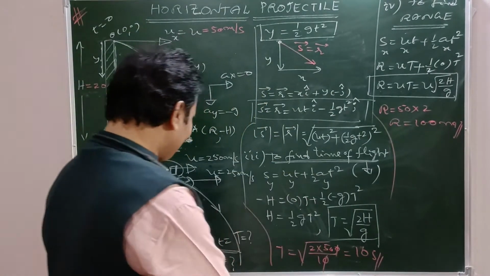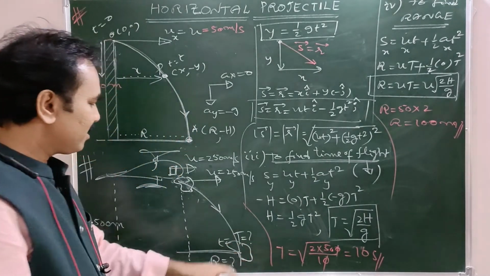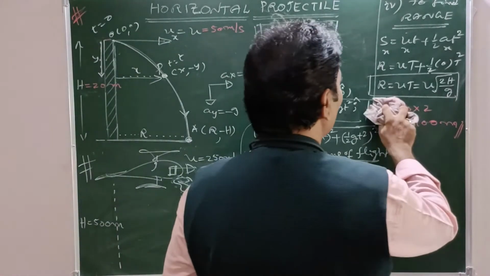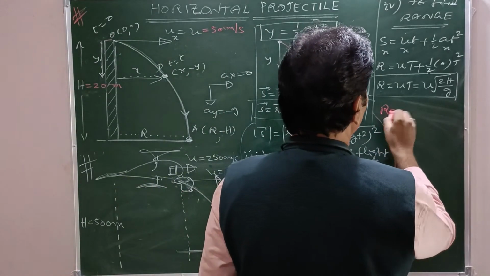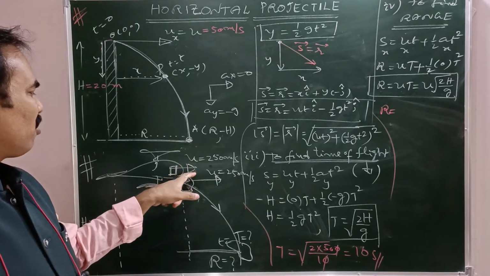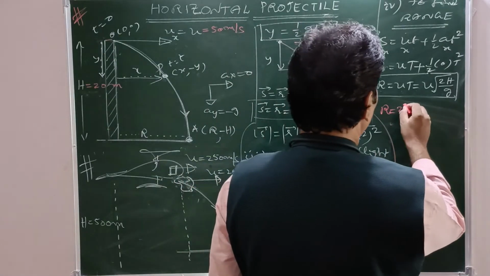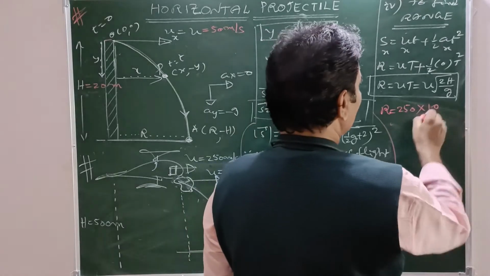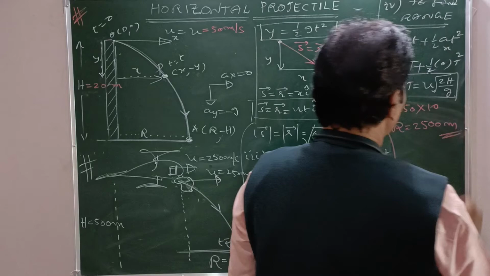Now, what is the horizontal range covered by the packet? The packet reaches here. The horizontal range is R equal to u into t. What is u? The constant velocity of the flight, that is 250 meters per second. 250 into the time of flight, 10 seconds, so range equals 2500 meters.